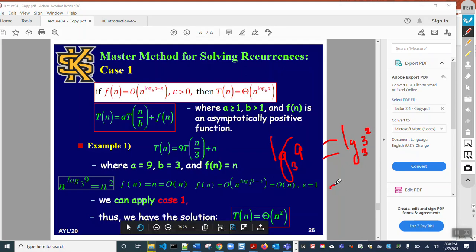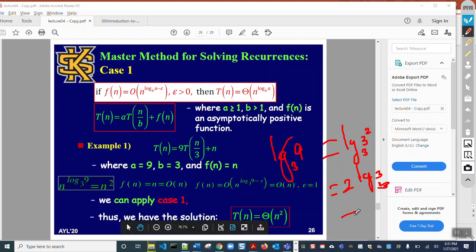Okay, so that means here we get 2 log, so here this part is log 3 base 3, this part is 1, right?